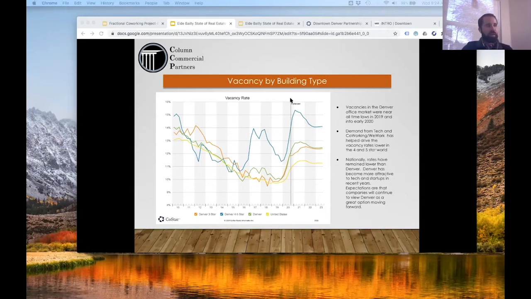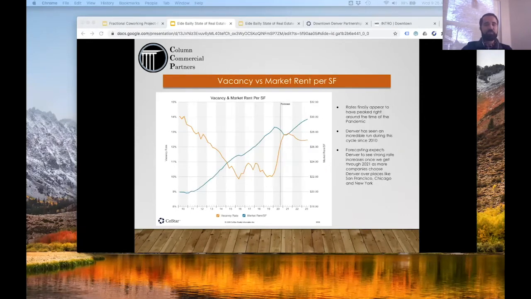If we're looking at the forecast over here, things are going to start leveling off around 2022. But what does the market look like when that happens, and how much space companies are taking may look drastically different. So it's going to be interesting to watch as companies change their mindset around what office looks like.